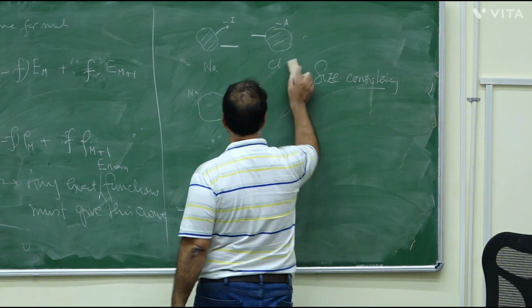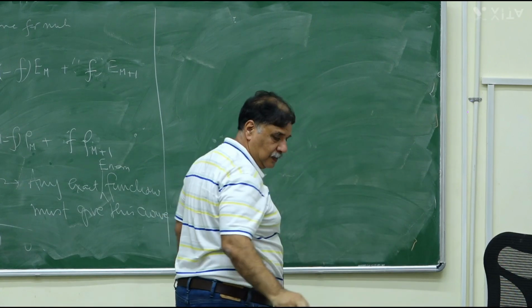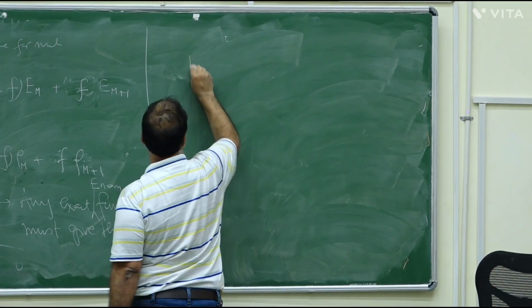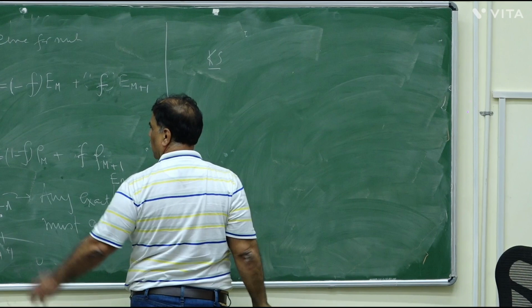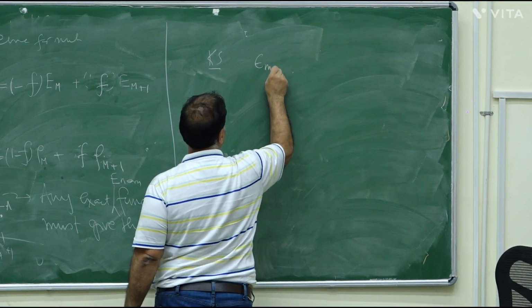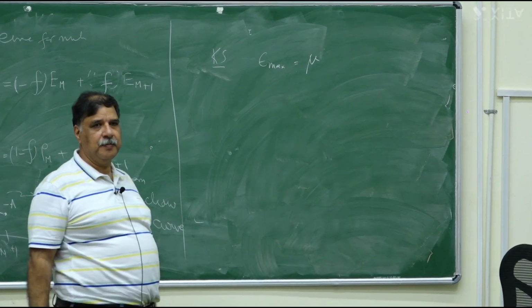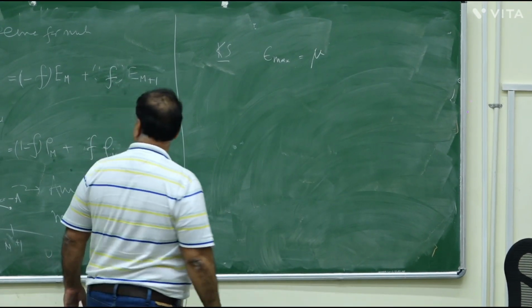What about the KS system? The Kohn-Sham system. Mu is the same, right? So epsilon max is mu. You saw that, right?